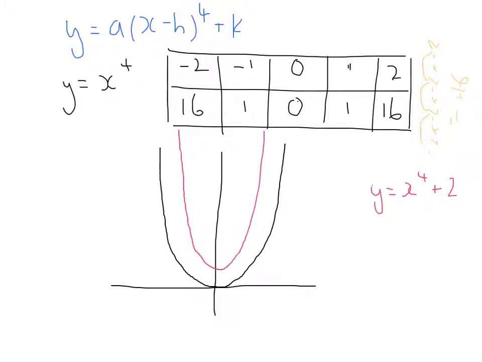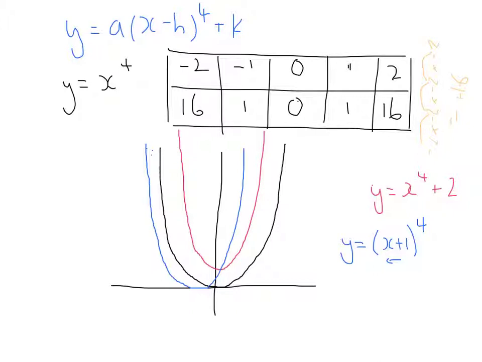And if we had a graph of y equals (x plus 1) to the power of 4, then the whole thing would be shifted to the left by 1. So we take our original graph, shift it to the left by 1, something like that.